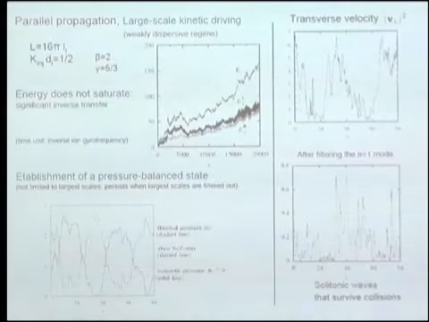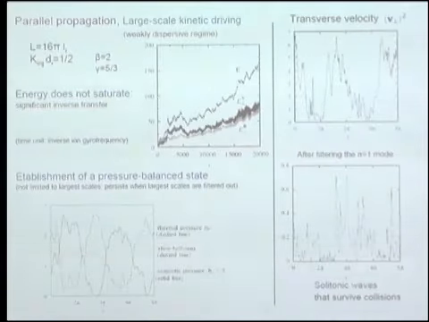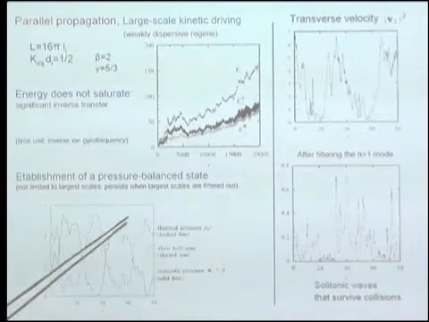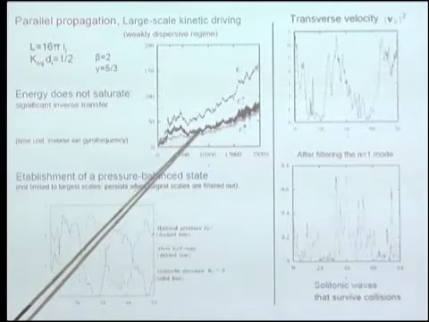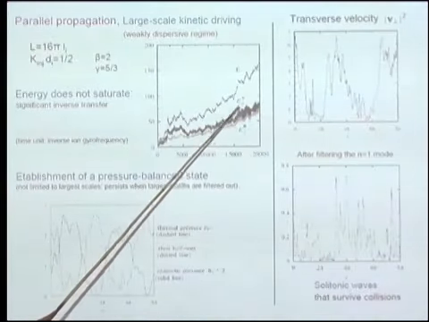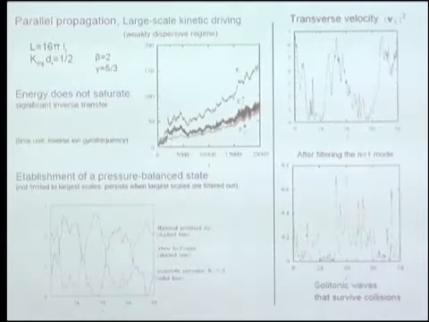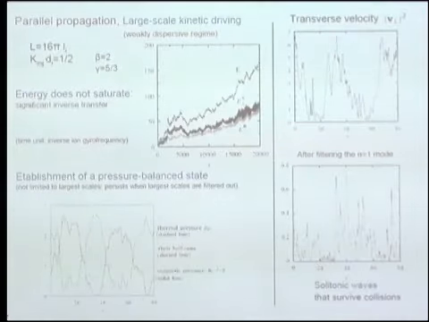You keep driving your system, and the energy piles up in these local pressure balance structures. And if you look at the deviation between velocity and magnetic field energy, you find that indeed the kinetic energy dominates in these situations. I will show the spectrum later on.